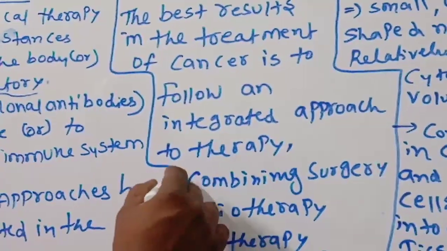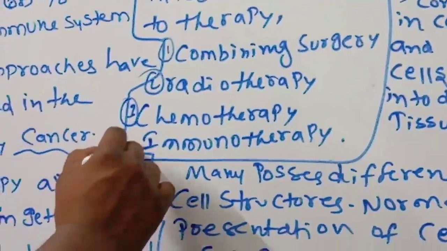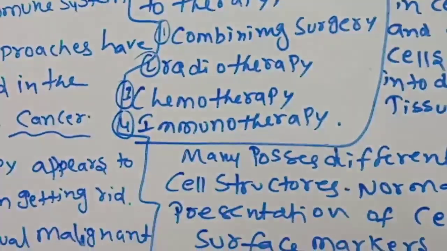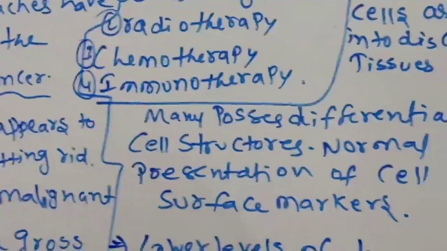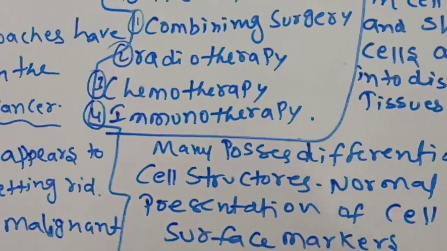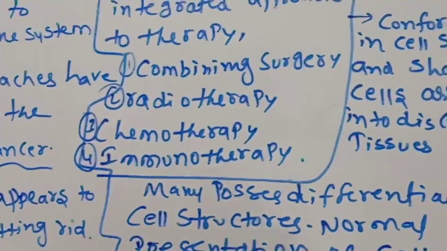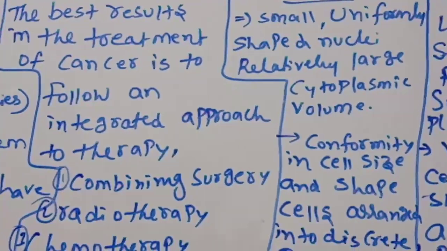Number one, combining surgery, radiotherapy, chemotherapy and immunotherapy. Different therapies are there to control the cancer. With surgery, we can remove the tumors.